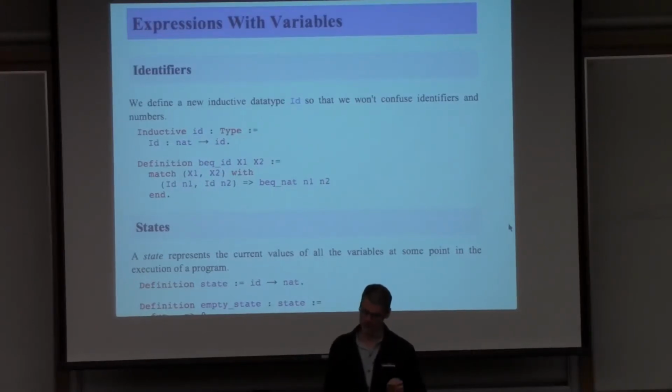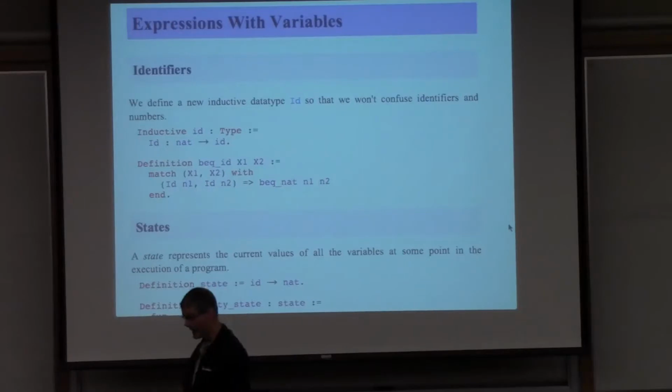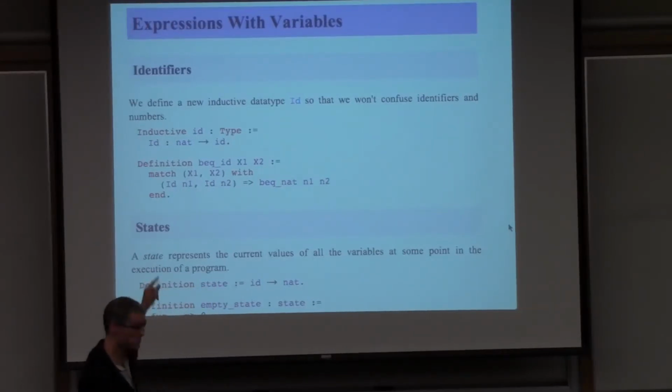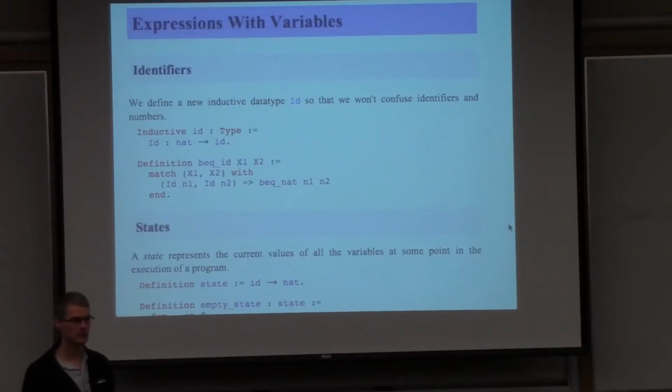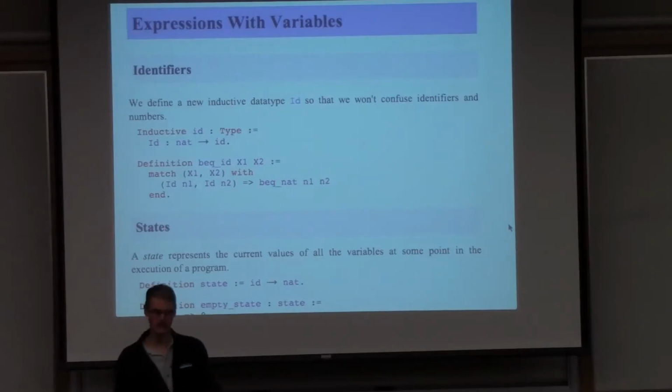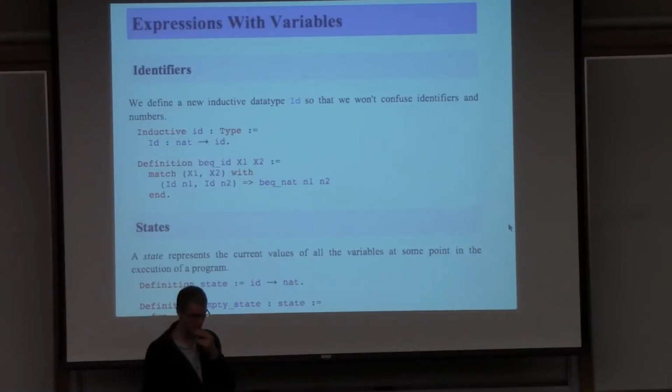And by the way, I'm not going to say anything about this except tell you that it exists. A Haskell programmer looking at something like this would say, well, defining a new name, BEQID, is very silly here. We should just have BEQ, and it should be a type class, and ID and NAT and everything else should be instances of it. And you can do all that in Coq. The reason that the SF notes are not written that way is twofold.